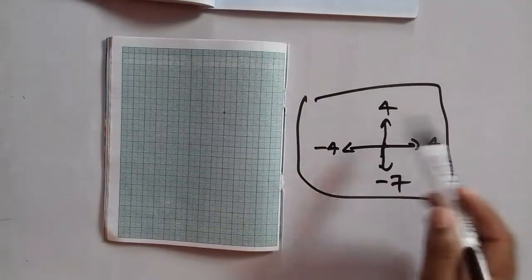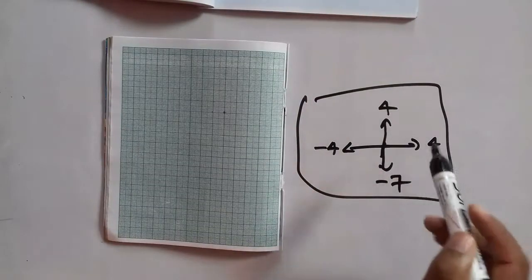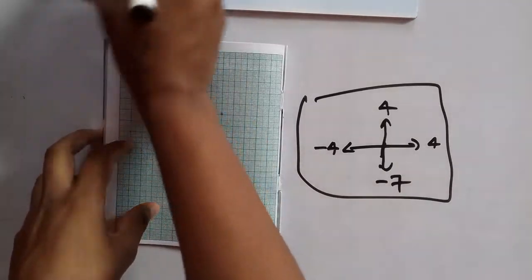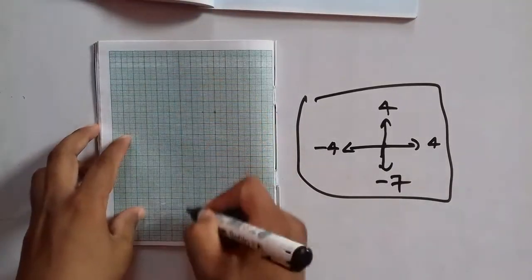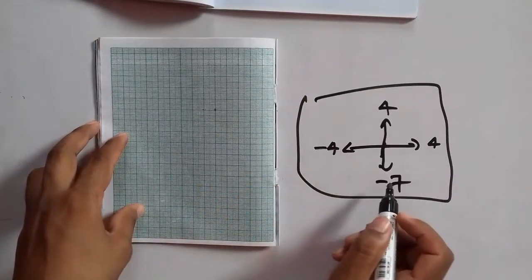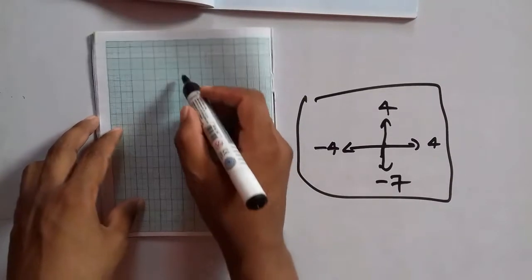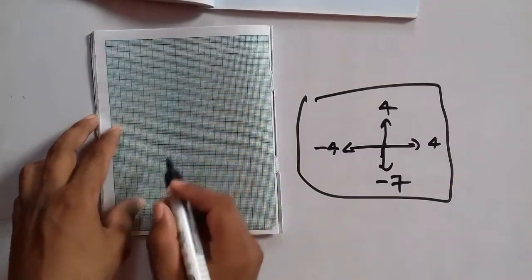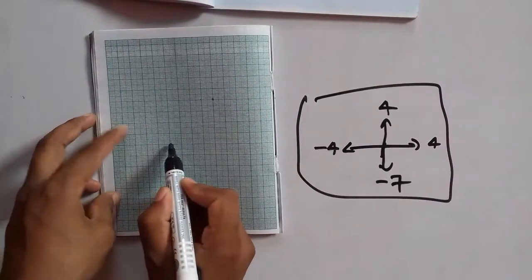If we do not make a rough sketch like this, then our points may not be able to be located here because of insufficient numbers. 1 2 3 4.